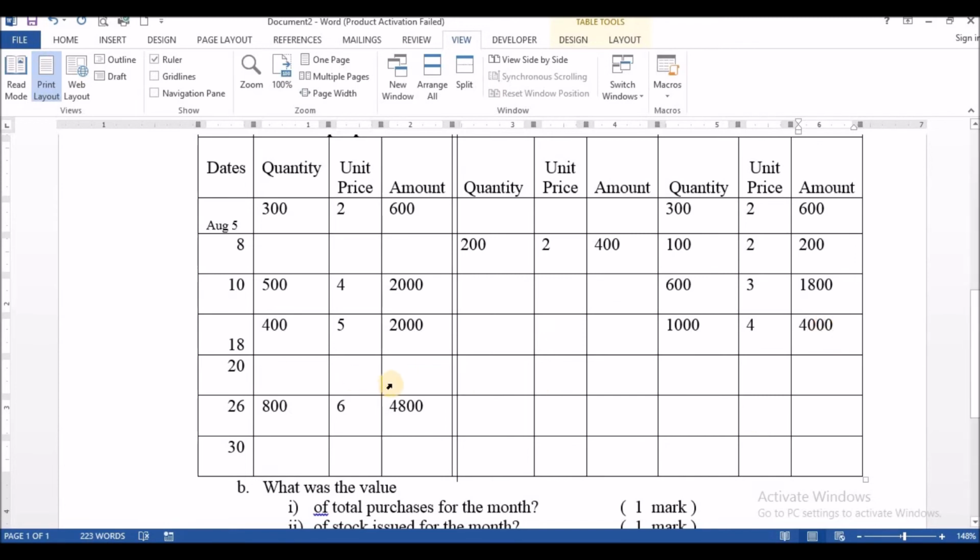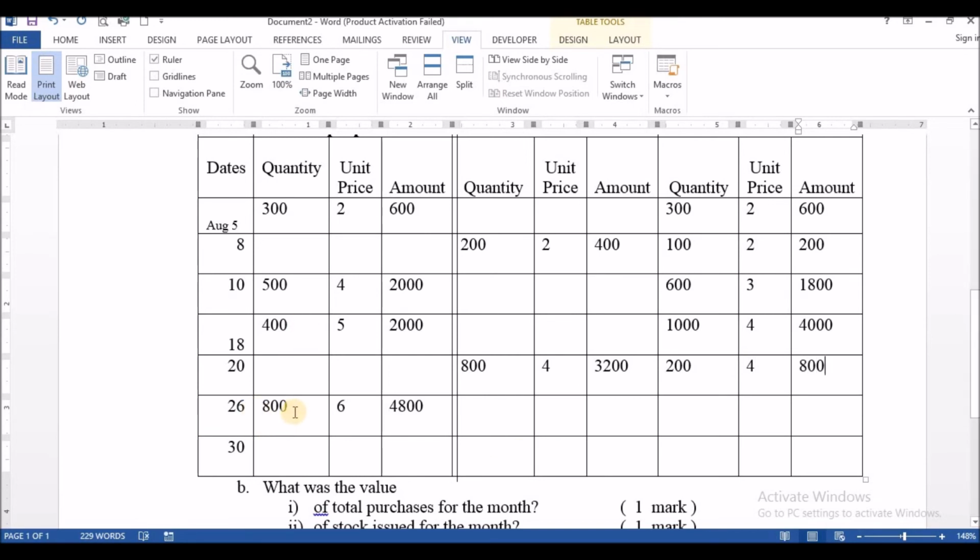So on the 20th, when we sold 800 units, it would now be 800 at 4, 8's 32, and then we would come here and just check the balance. So 8 from 1,000 will leave 200. 200 at 4 will give you 800.